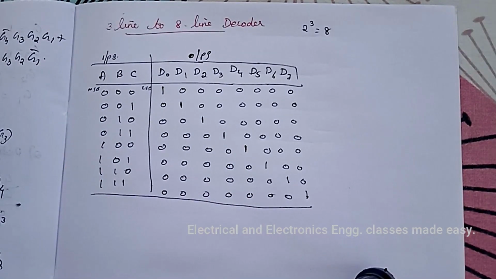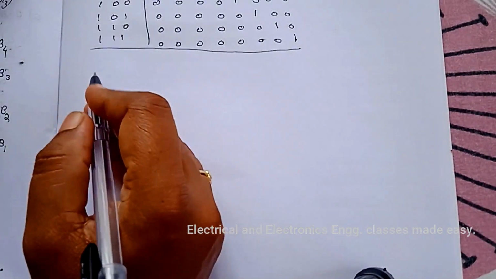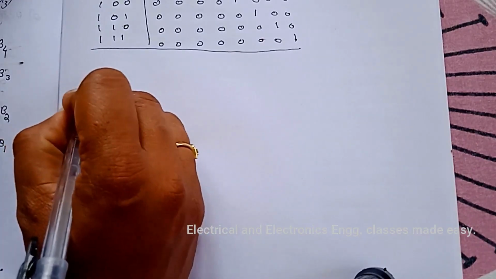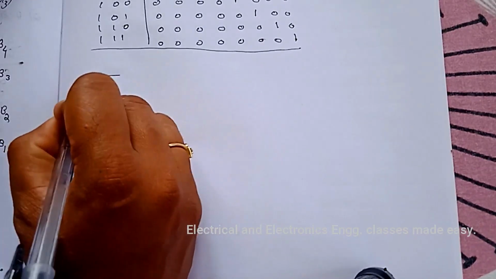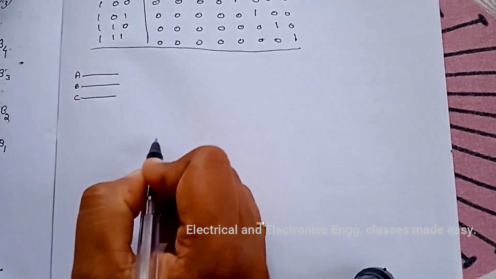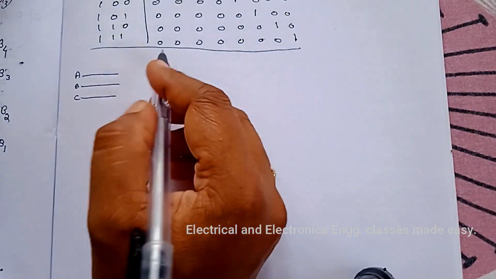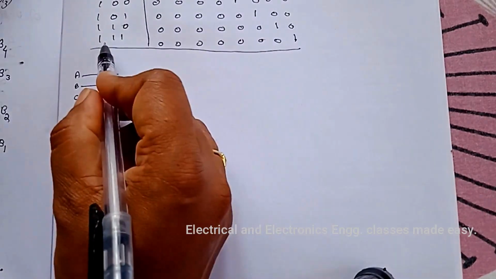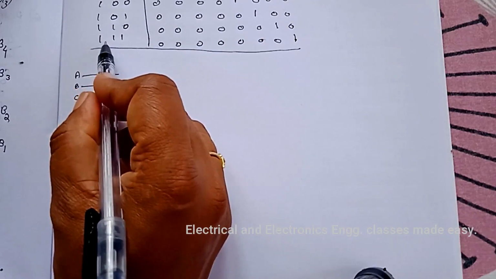Now we have to draw the logic diagram. To draw the logic diagram, first of all draw the binary inputs, that is A, B, C. Then for D7, all the inputs are high.